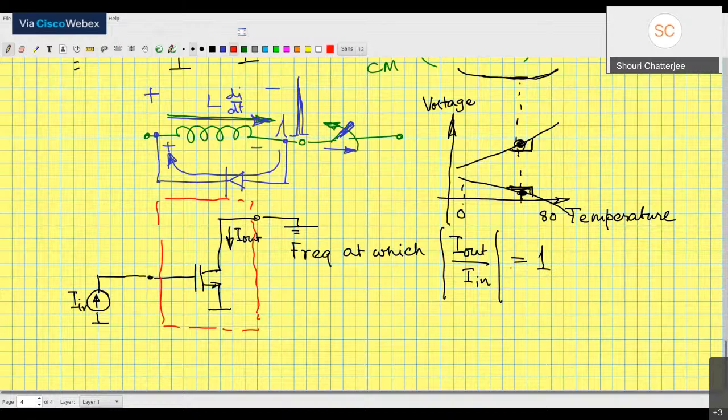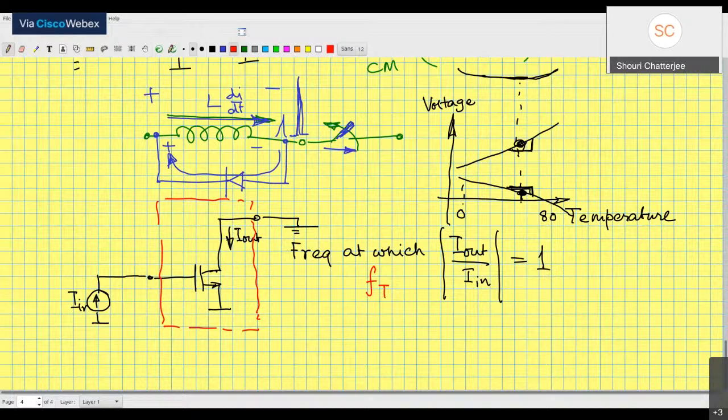Presumably this two port network is an amplifier. If it's not an amplifier, then FT is out of the question. Only if this two port network is an amplifier. So the frequency at which the current gain drops to 1 is the frequency which is defined as FT.